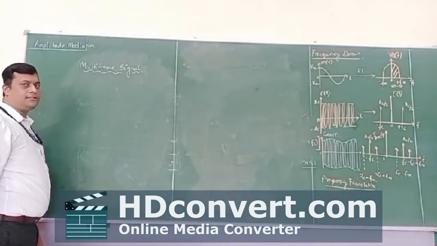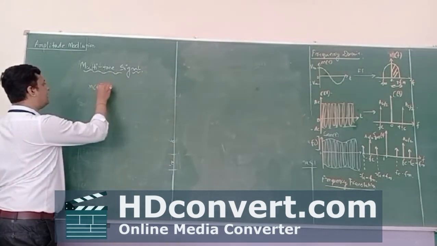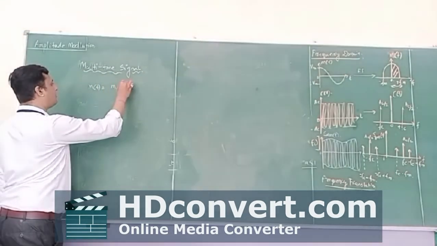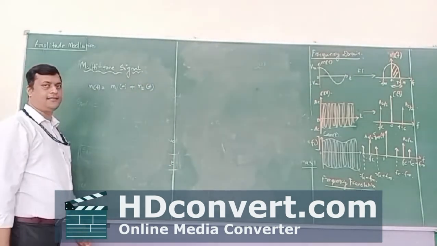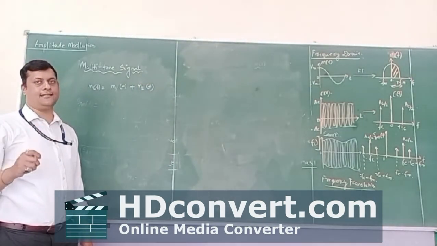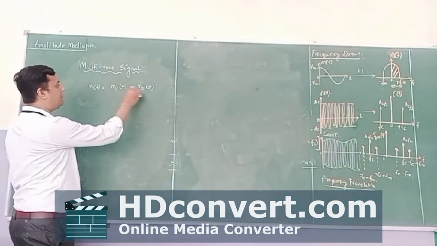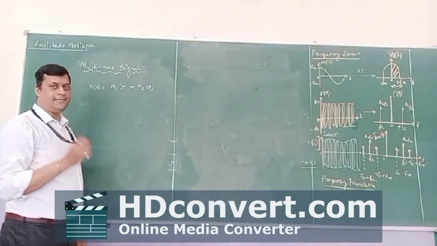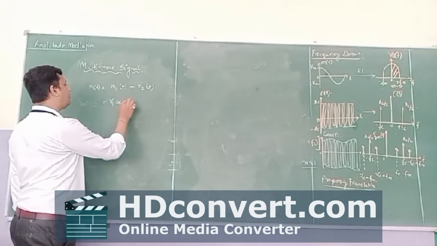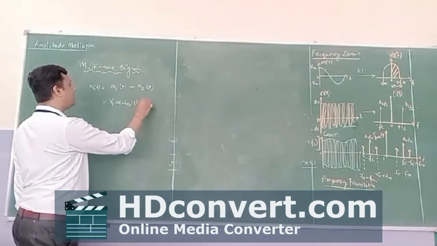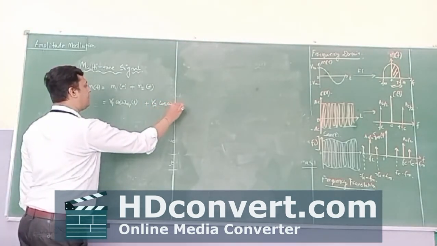Multi-tone signal means your modulating signal m of t may have more than one modulating signal. Now let us consider two modulating signals are combined and then modulated. So there are two different modulating frequencies available. If I expand this: V1 cos omega m1 t plus V2 cos omega m2 t.